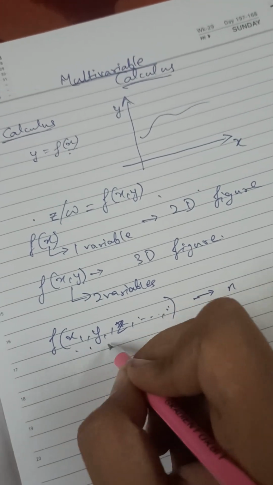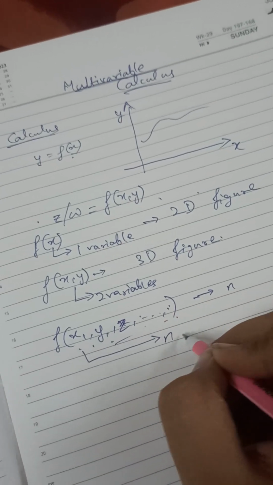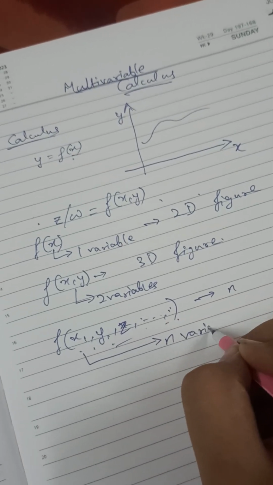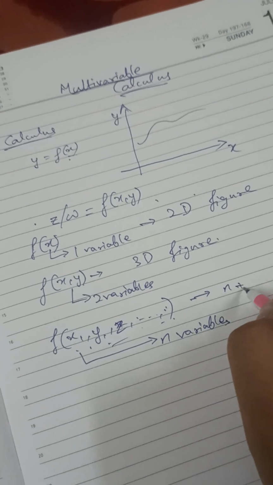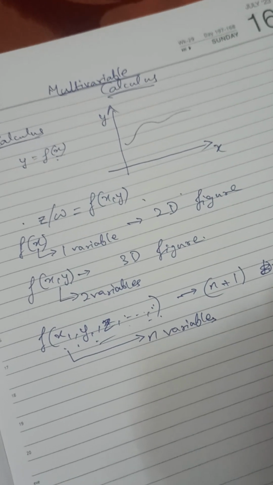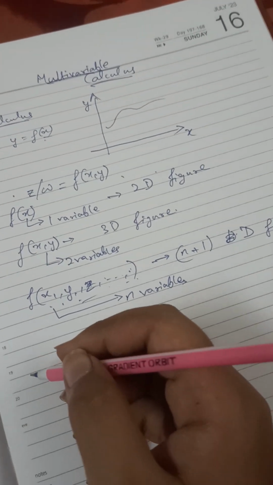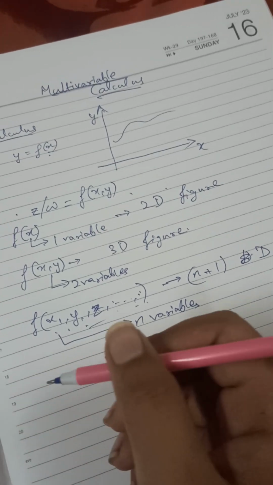Let's say x, y, z and so on, n variables, so it will give n plus 1 dimensions, that is, an (n+1)-dimensional figure. This is the basics of multivariable calculus.